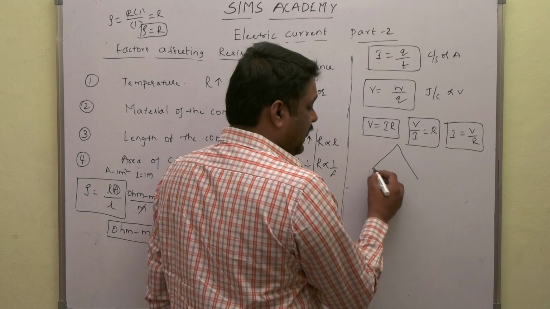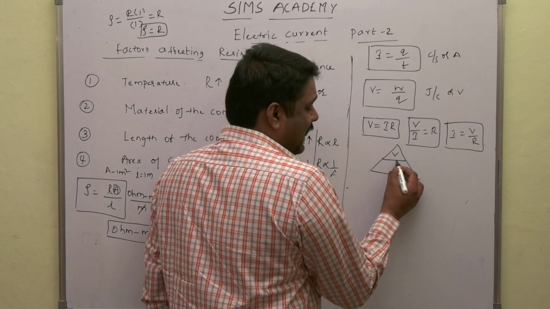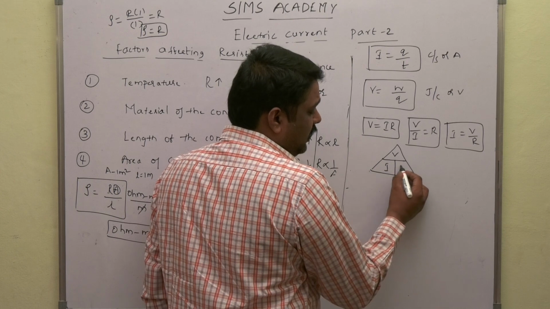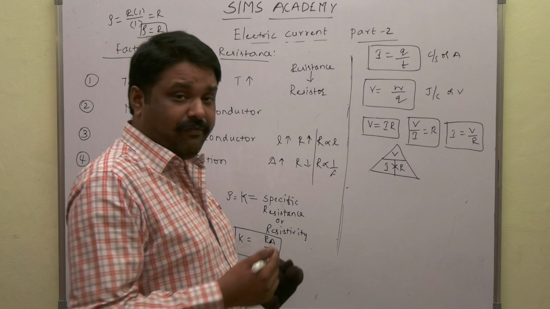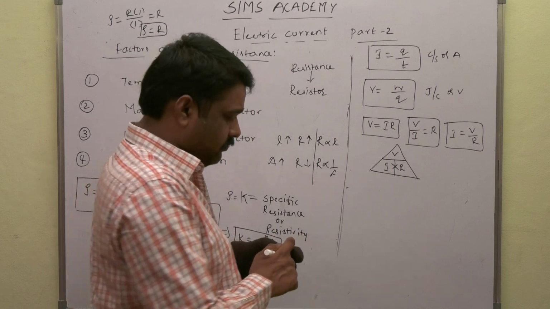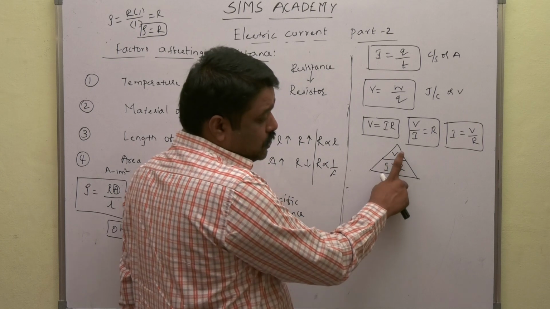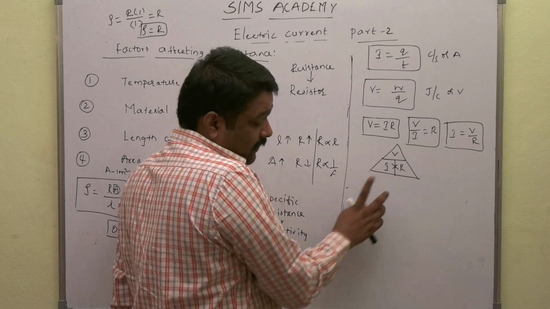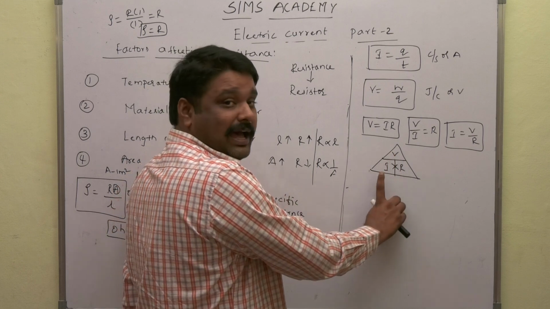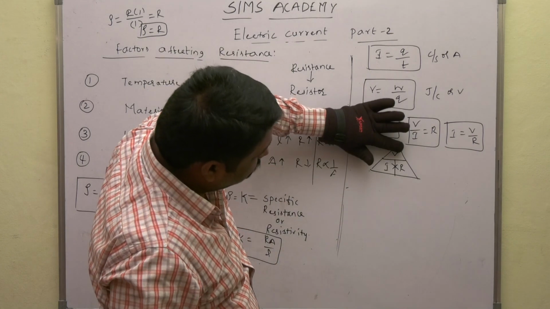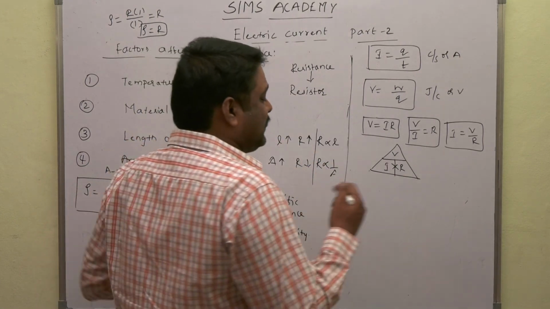For better understanding, we have a triangle, which we call the magic triangle. This is V, I, R. Whatever we would like to have, if we close that, we get the formula. If I want I, it is V by R. If I want R, it is V by I. If I want V, it is I into R. We call it the magic triangle.